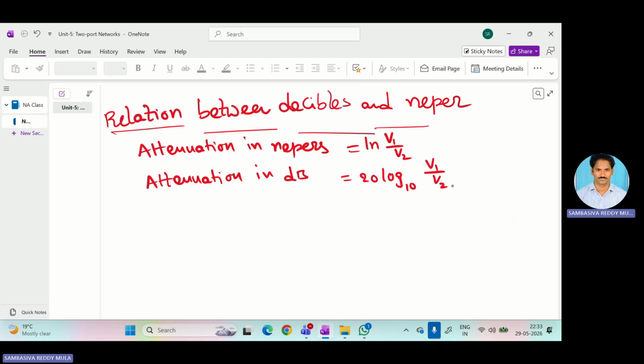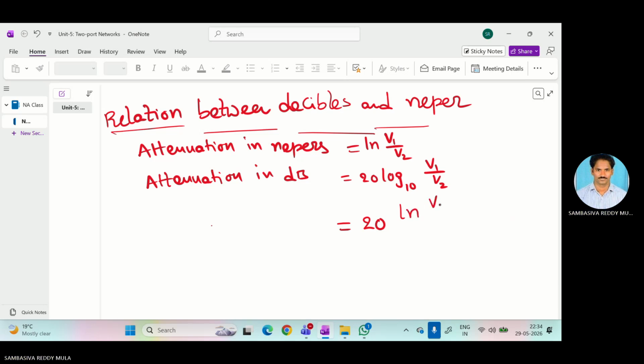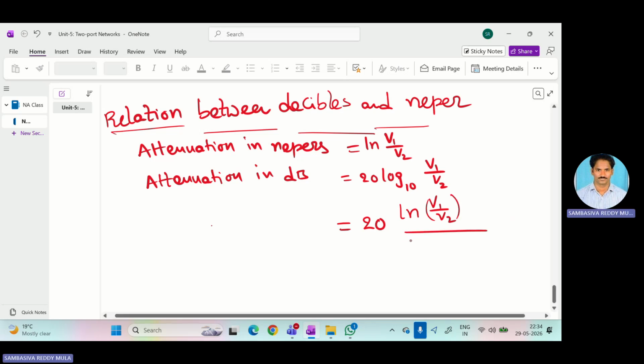Now, if you want to relate these two, let us take this 20 log base 10. I will write this as 20 times ln of V1 by V2 divided by ln of 10.